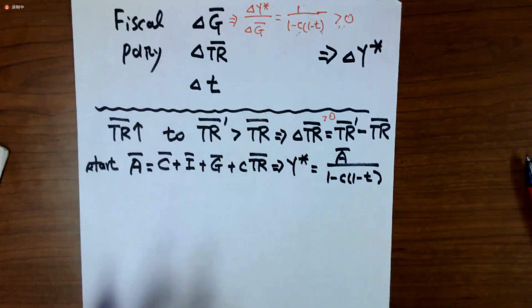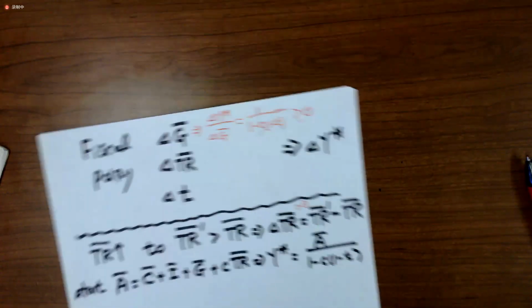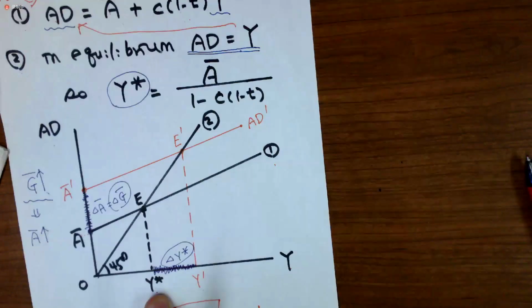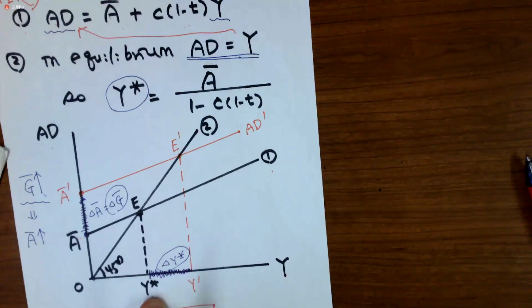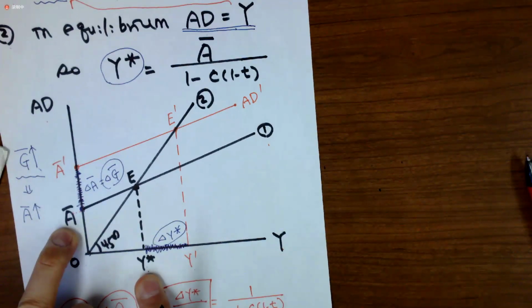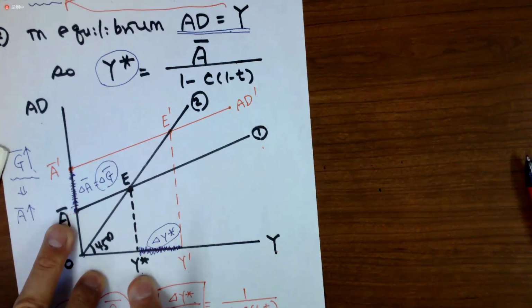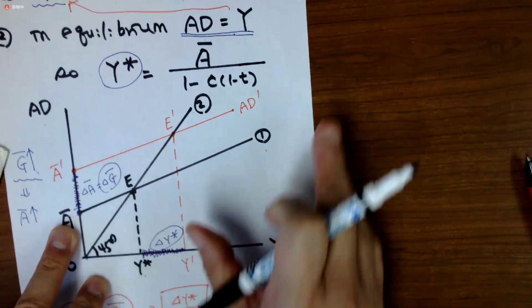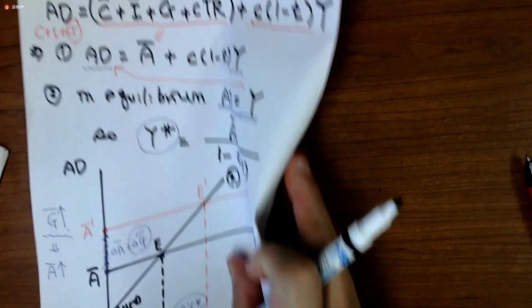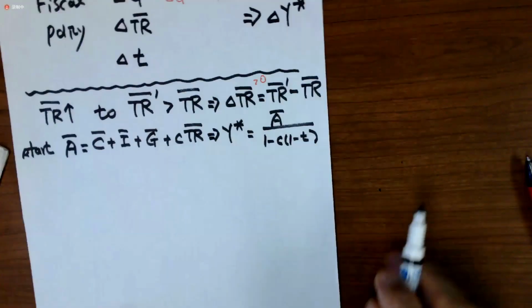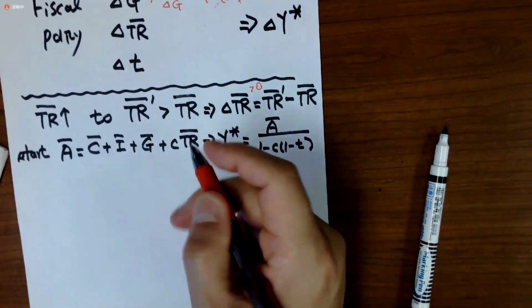So go back to the original diagram. Think about this as the original output. This is the original total autonomous spending, and the resulting equilibrium output is where we start, when the transfer payment is equal to TR bar.